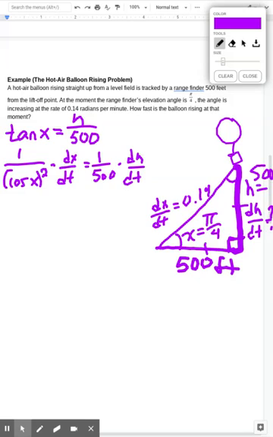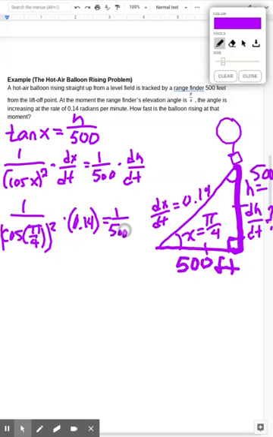Okay. Now we replace the values that we know. So 1 over cosine of pi over 4, that's x, squared, times dx/dt, which is 0.14, equals 1 over 500 times dh/dt.